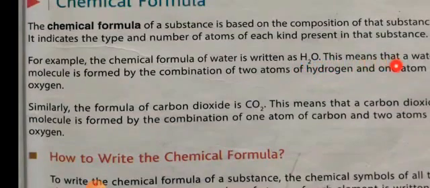This means that a water molecule is formed by the combination of two atoms of hydrogen and one atom of oxygen. Similarly, the formula of carbon dioxide is CO2, means one atom of carbon and two atoms of oxygen. This means that carbon dioxide molecule is formed by the combination of one atom of carbon and two atoms of oxygen.